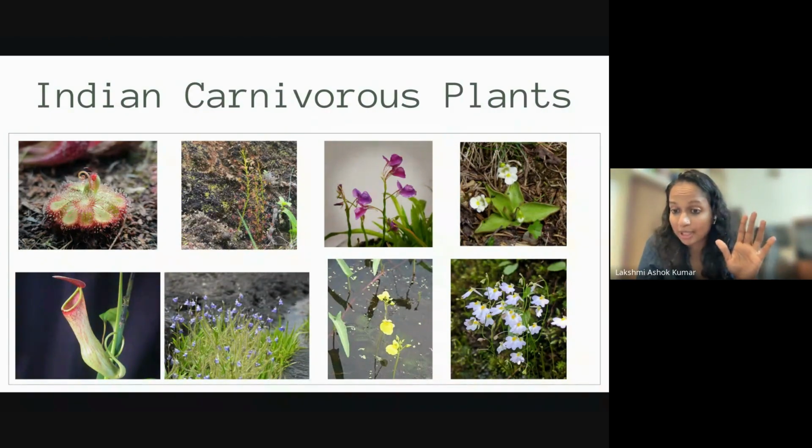There are many more, like the Utricularia family. If you look at the Utricularia family alone, there are 20 plus plants growing in India, and most of them are in the Western Ghats, especially in Kerala. The first one is a Drosera burmanii. It is just of coin size, maybe a 5 rupee coin or a maximum of a 10 rupee coin.